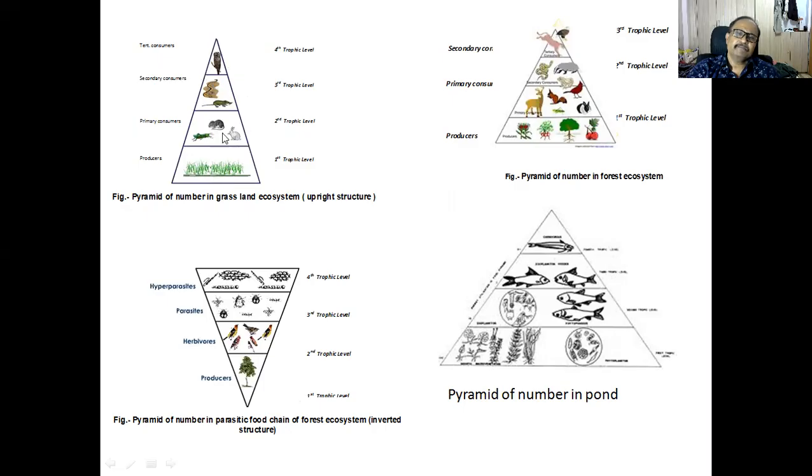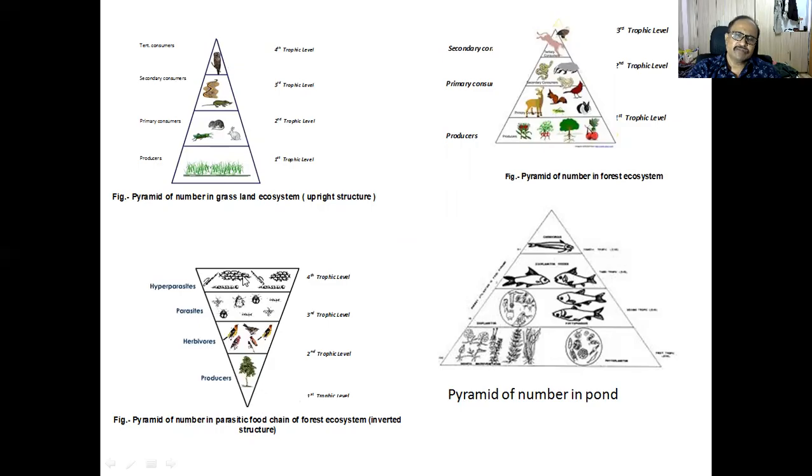Base से ज़्यादा है और apex में successively कम हो रहा है. Then due to this reason, in these three ecosystems, grassland, forest and pond, this pyramid shows the upright structure, खड़ा structure निकलता है. But in contrast with the pyramid of number in parasitic food chain.